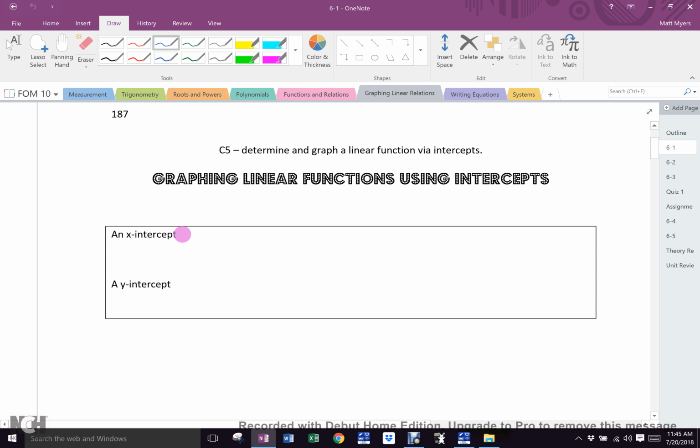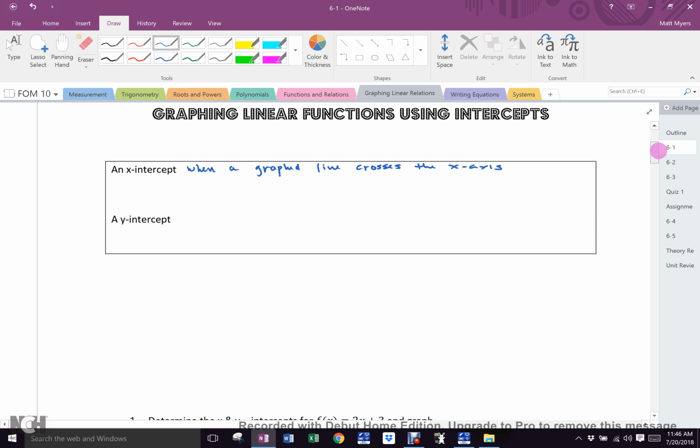We already know what an x-intercept is. What do you think it is? We've already talked about it. Pardon? The horizontal axis. Right. An x-intercept is when a graphed line crosses the x-axis. Does everyone agree?